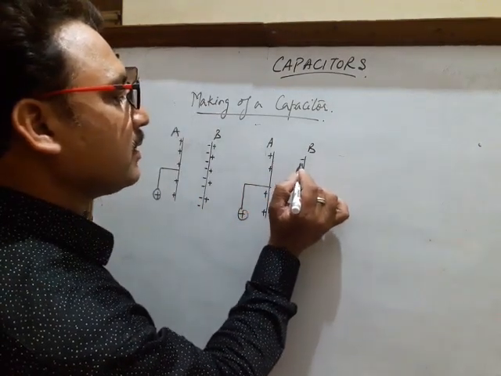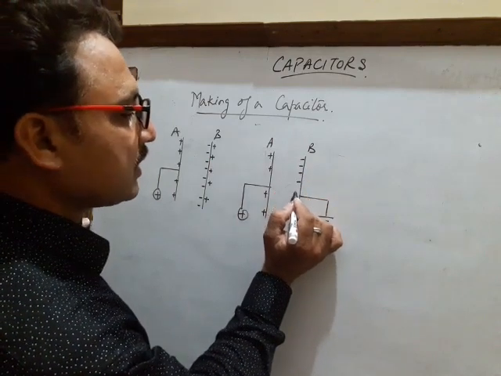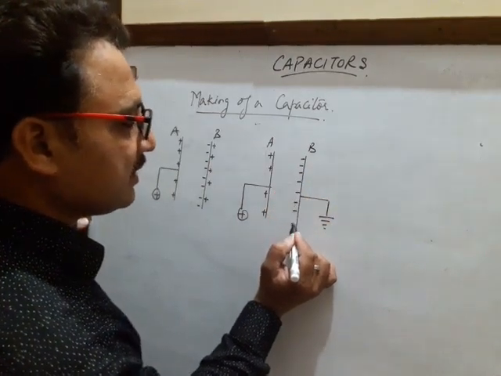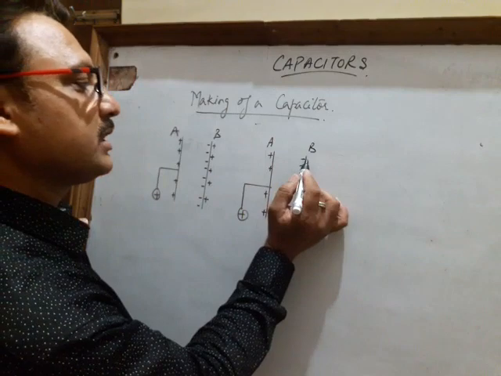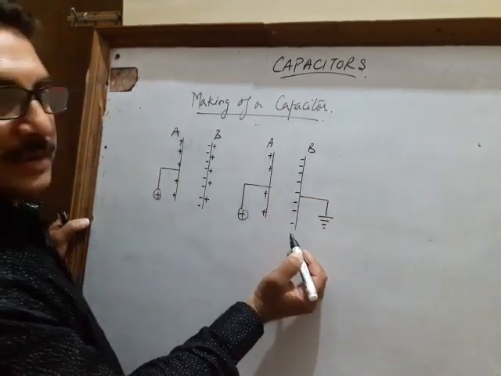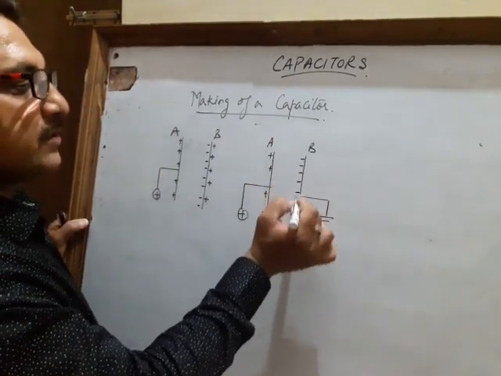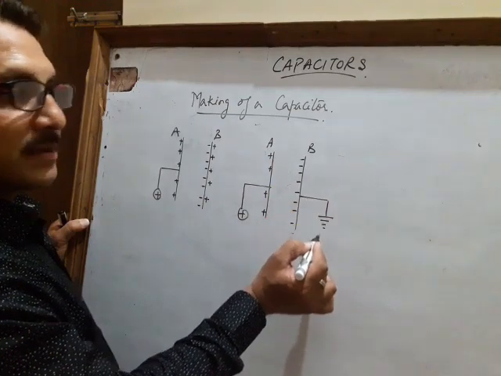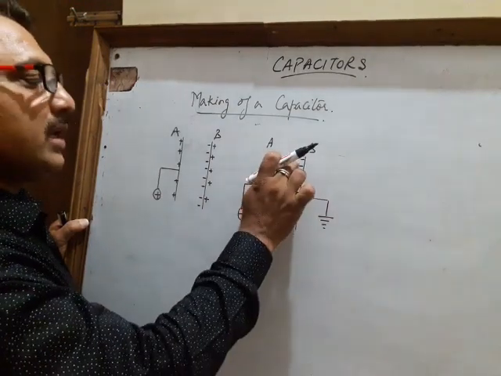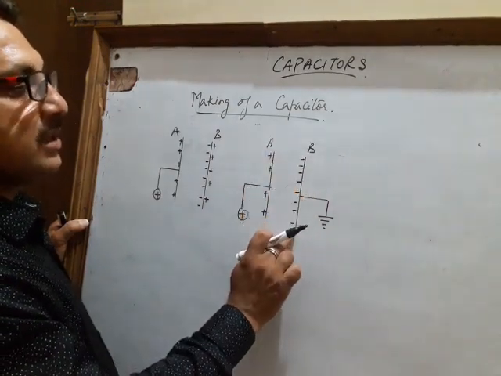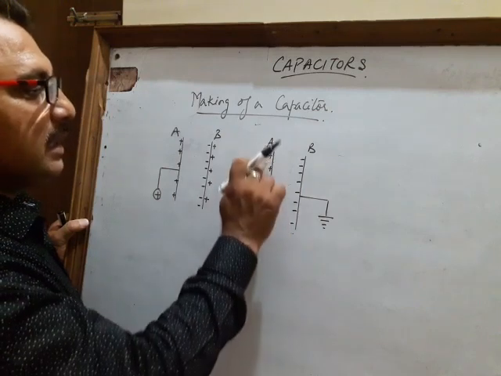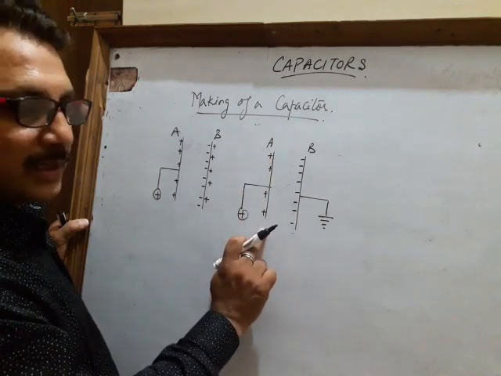This plate acquires negative charge on the inner face while the positive charge on the outer face. But the positive charge goes to the earth. So now we have got only a negatively charged plate B and this is a positively charged plate A.